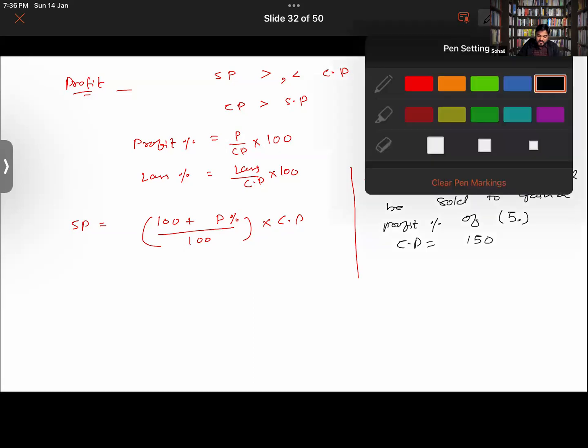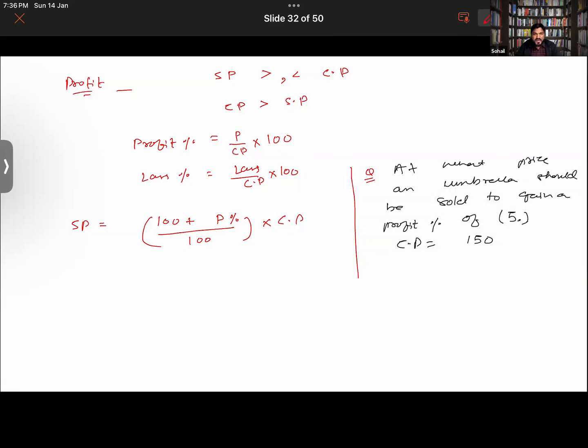So what price should the umbrella be sold at, thereby I make a 5% profit. We can simply do this right now. Selling price will be 100 plus 5 upon 100 multiplied by 150. Thereby that is 105 upon 100 times 150.